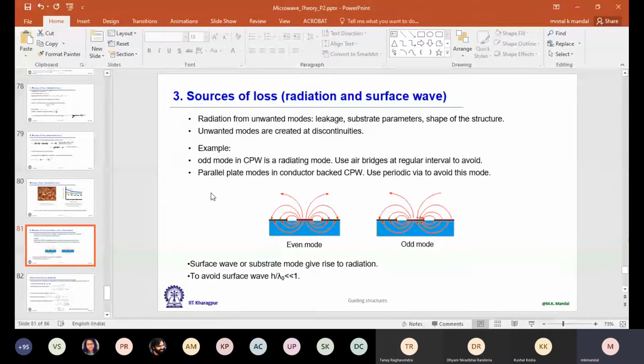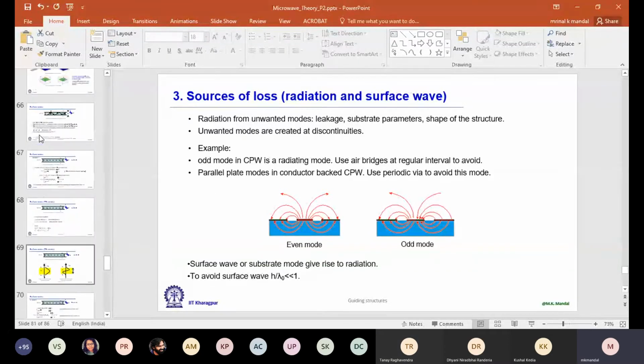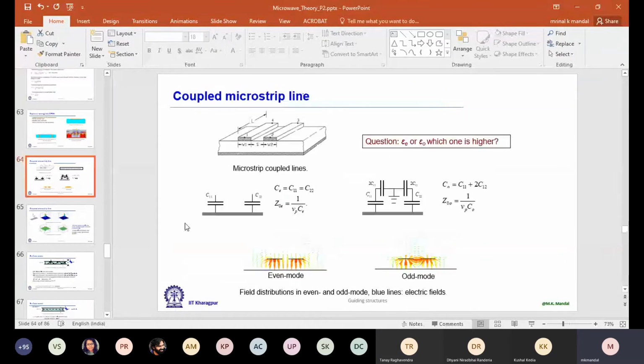Let me go back. If you recall a coupled microstrip line scenario and its field distribution. Here, if I consider an imaginary plane placed in the middle, which is basically the plane of symmetry, then with respect to that plane, the electric field on the left side and right side is in the same direction.